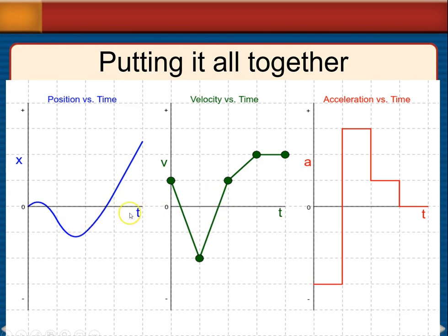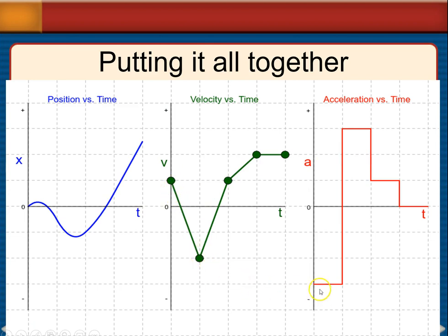And then at v is 0, it stops moving and changes direction. Then up here it has a constant speed, which is what we see right here. Now, to go from velocity to acceleration, you just look at the slopes.